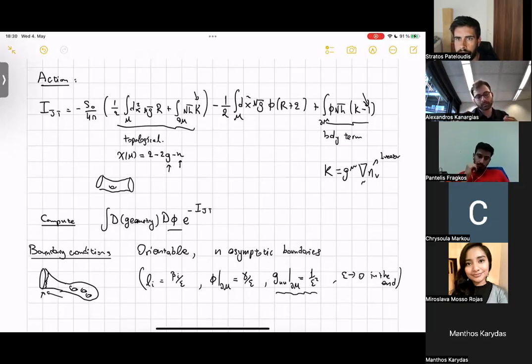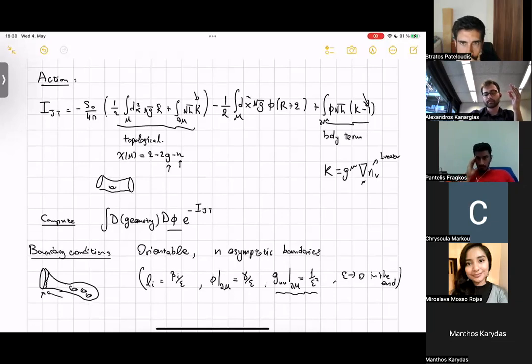Yeah, but it doesn't have an equation of motion. Yes, but when we calculate this functional integral, we should impose boundary conditions on the fields, and that's a choice that you can make.